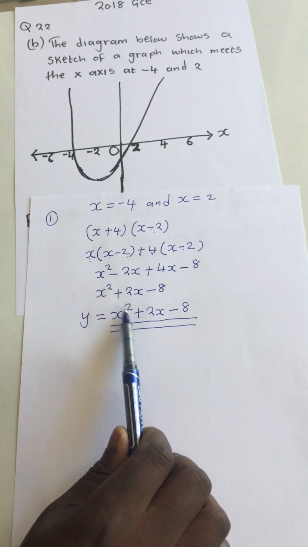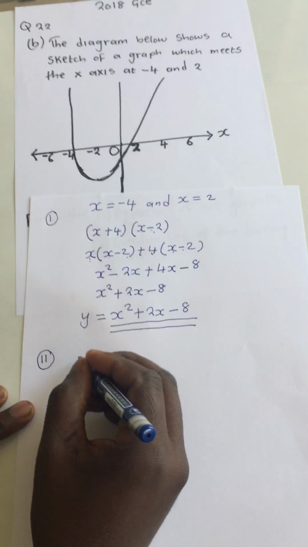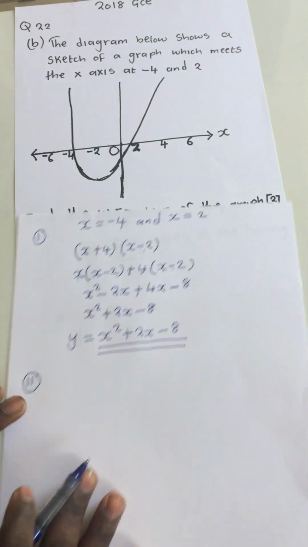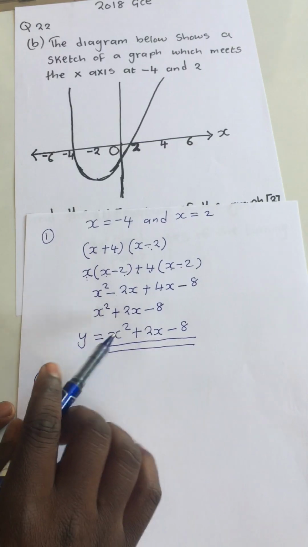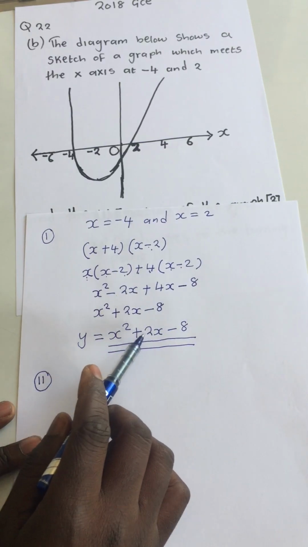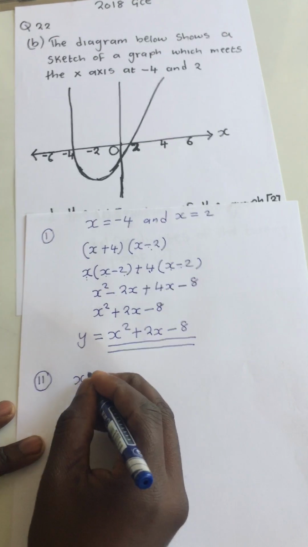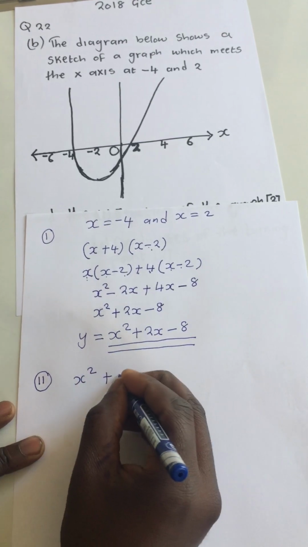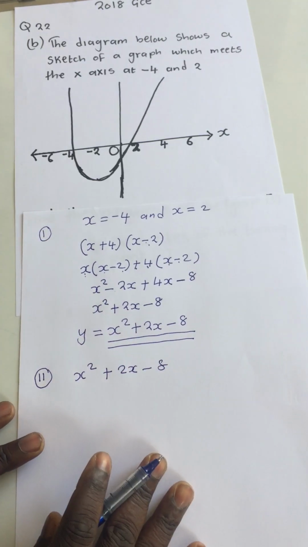Since you have got this equation, you use this equation of the graph: x squared plus 2x minus 8.